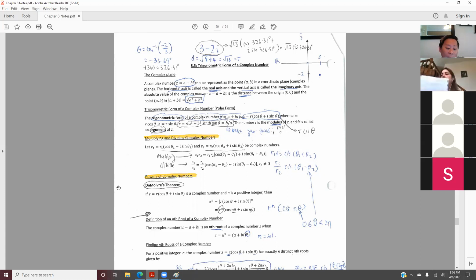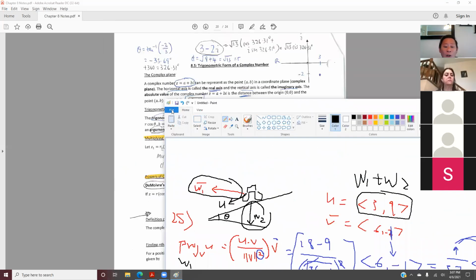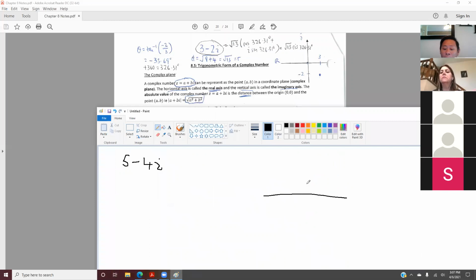So for example, if I want you to draw 5 minus 4i, this is a complex number in a complex plane, how do we draw this? 5 is real, and minus 4i is your imaginary.